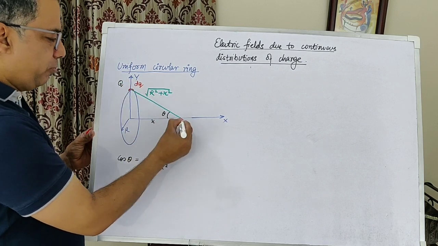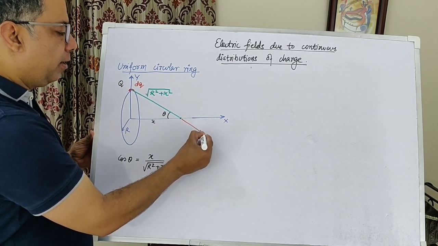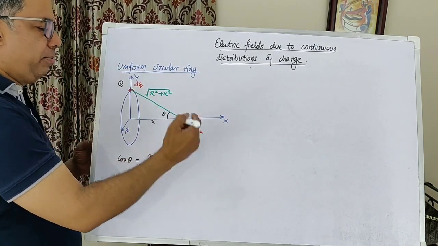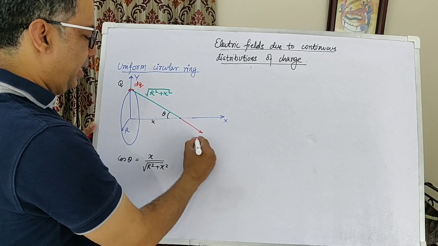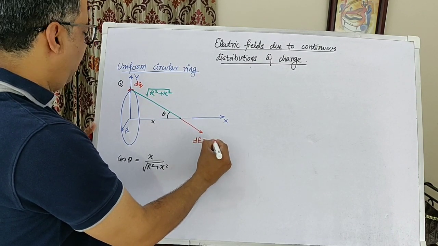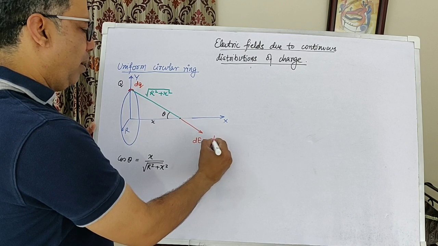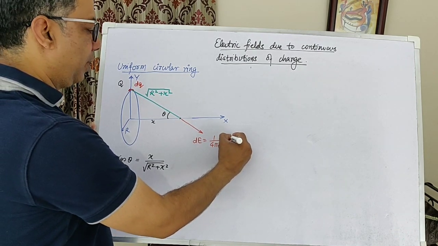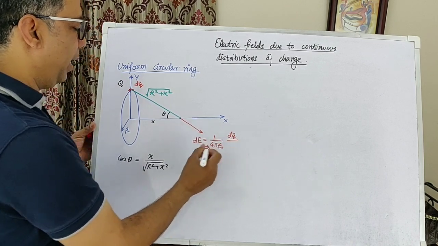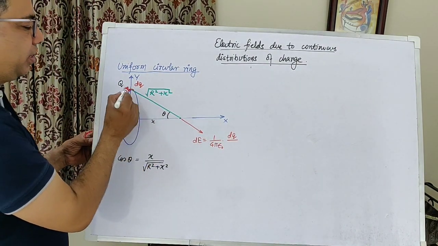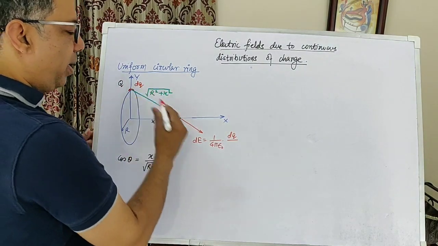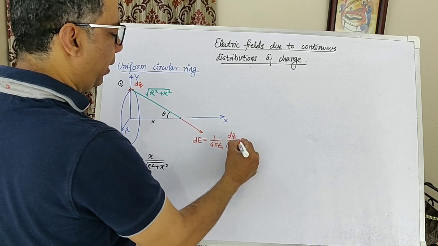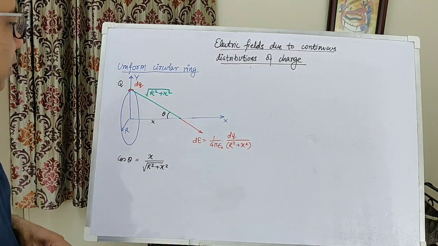The electric field due to dq, therefore, will be pointing radially away from dq, and this field dE will be equal to 1 by 4 pi epsilon naught dq by the square of this distance. Now, the square of this distance will be r square plus x square.